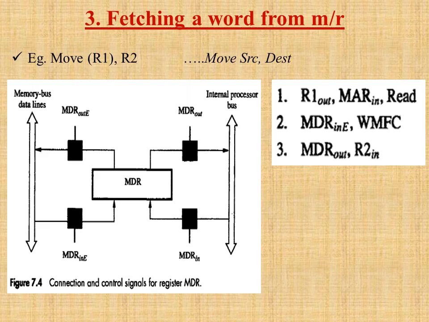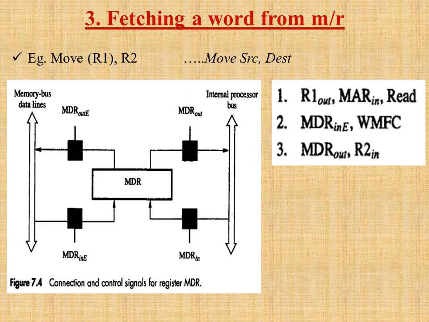As the MDR connects to two types of buses, one internal and the other the memory bus, there are four switches: two switches for in signal and two switches for out signal.